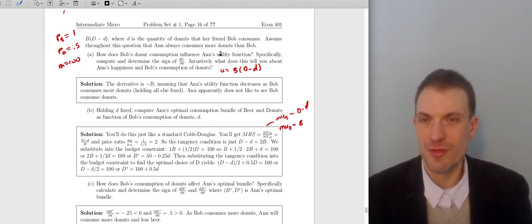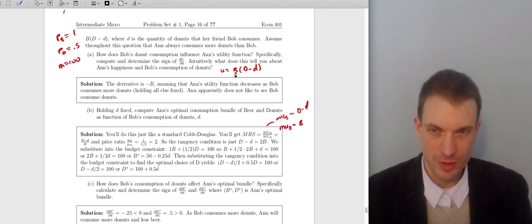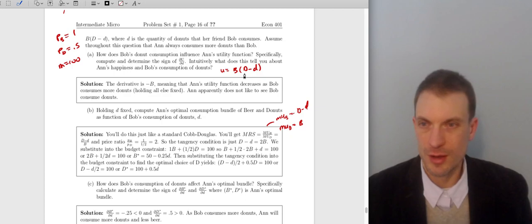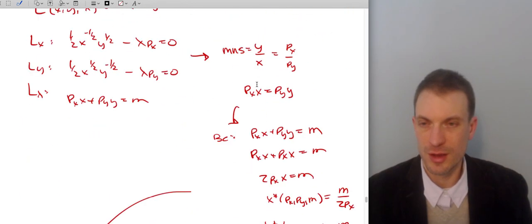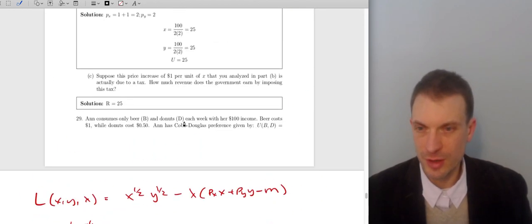So we want to differentiate with respect to capital D. If we do that, the derivative of D is just 1 times B, so it's going to be minus B, right? Wait, no, we're taking the partial. Sorry. Here I'm trying to do things quickly.